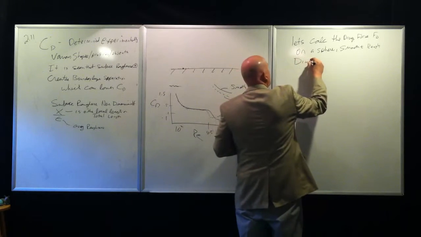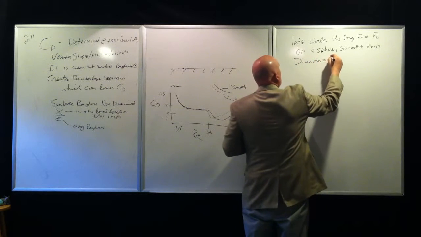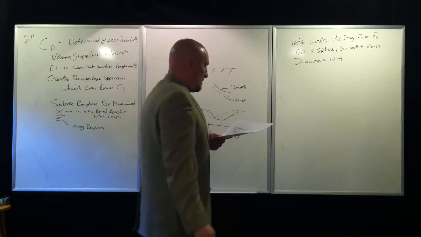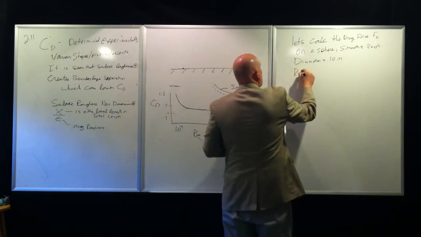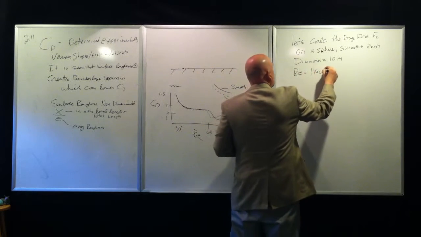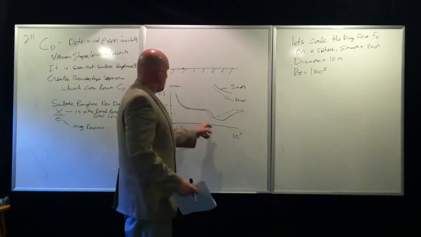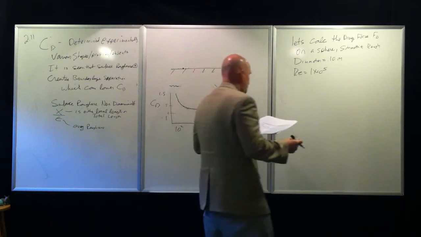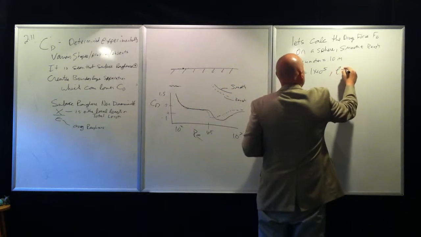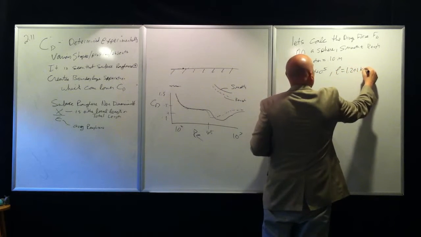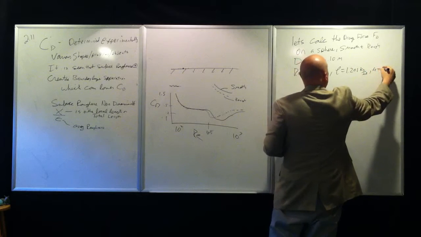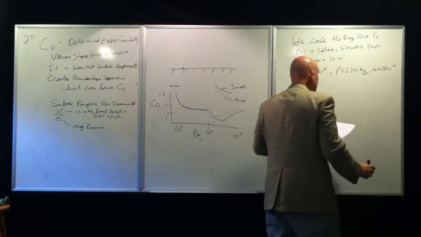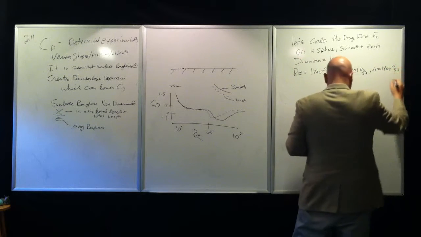The diameter of the sphere is 0.1 meters, with a Reynolds number of 1 times 10 to the 5th. Here would be your particular values. You can look in your note packet for the corresponding graph. The density is equal to 1.201 kilograms per meter cubed, and a viscosity of 1.8 times 10 to the negative 5th Pa seconds.